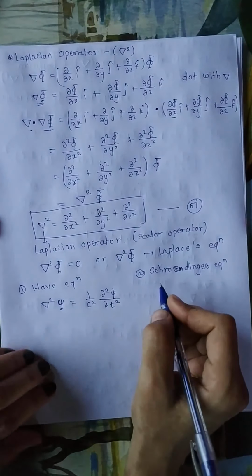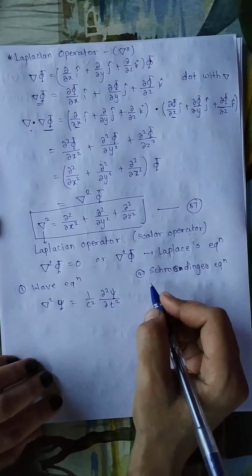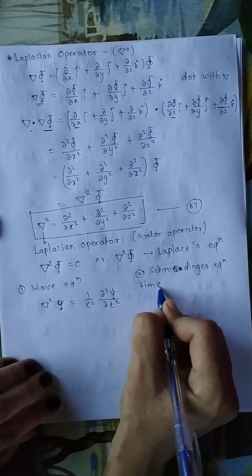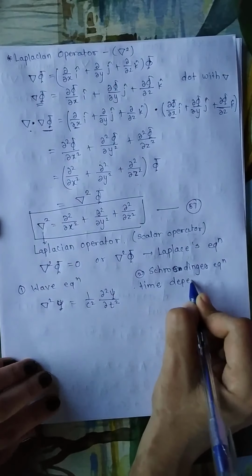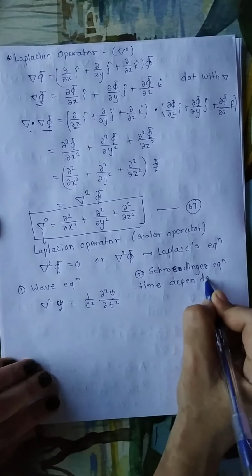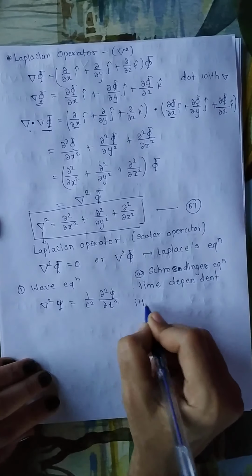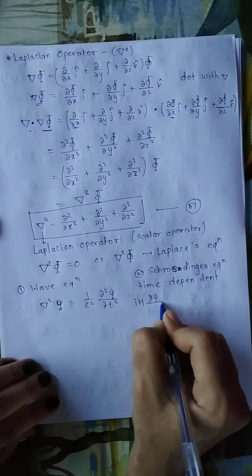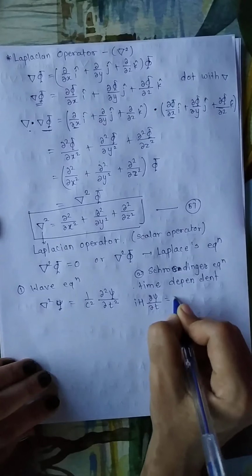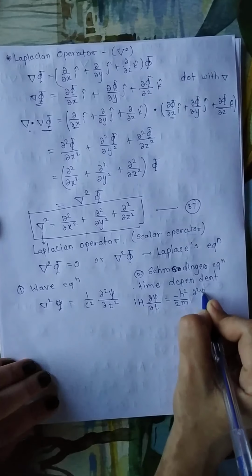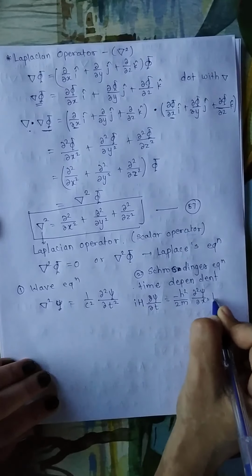Now there are two equations, one is time dependent and another is time independent. So first I will write the time dependent Schrodinger equation. This you are going to study in quantum mechanics in TYBSc, which is iħ ∂psi/∂t equals minus ħ² upon 2m ∂²psi/∂x² plus V(x).